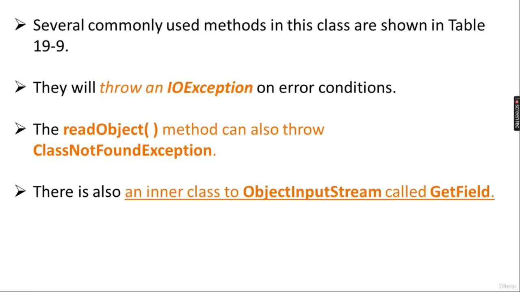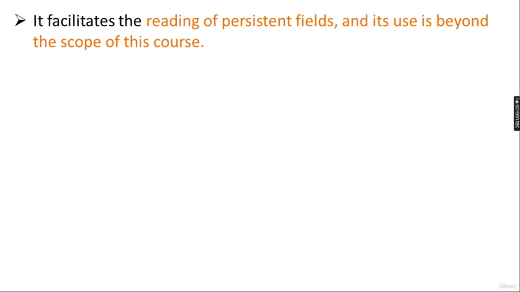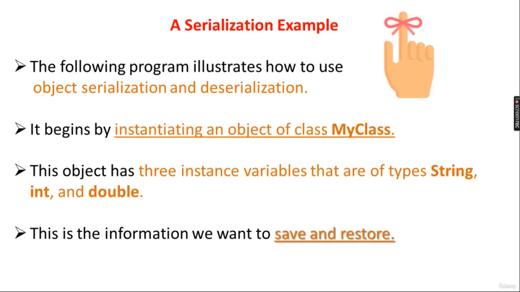Commonly used methods we will see in the table. They throw input output exception on error conditions. The readObject method can also throw ClassNotFoundException. There is also an inner class called GetField, which reads persistent fields, and its use is beyond the scope of this course.